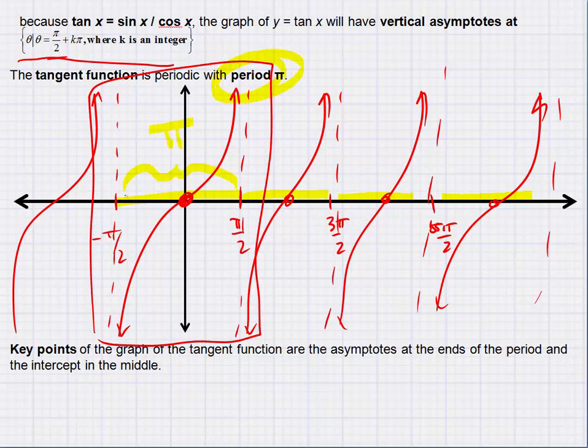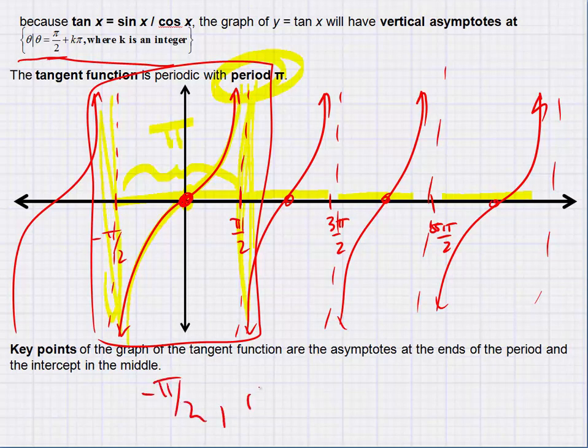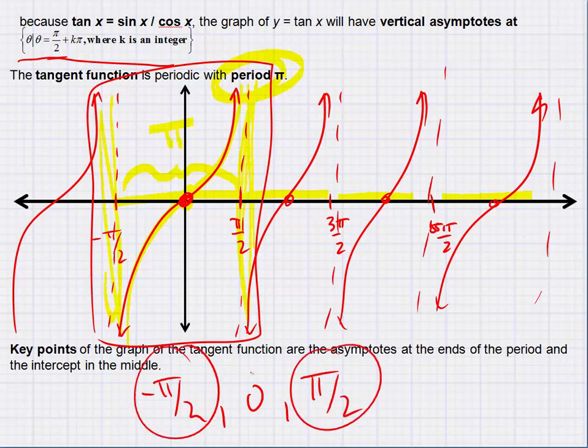If I know those 3 things, if I know where this asymptote is here, and I know where this asymptote is here, and I know this point, I can draw the graph that I want to draw. So my key points are going to be negative pi halves, 0, and pi halves. The ones on the ends are my vertical asymptote, and the one directly in the middle is my x-intercept.